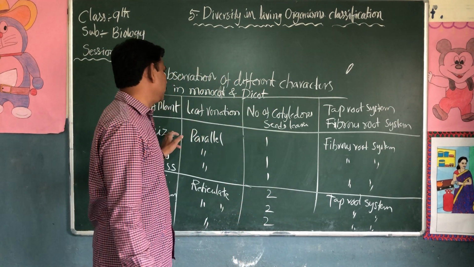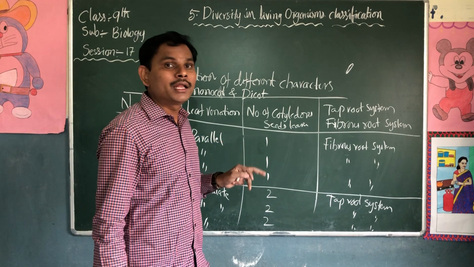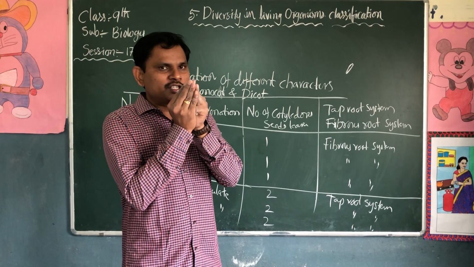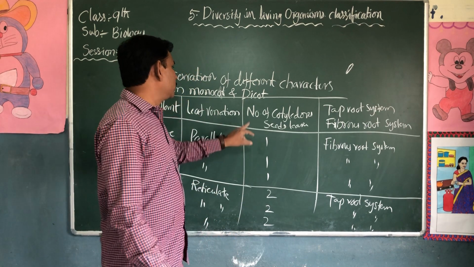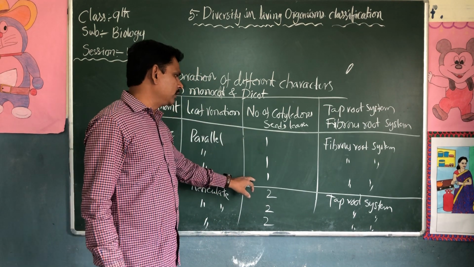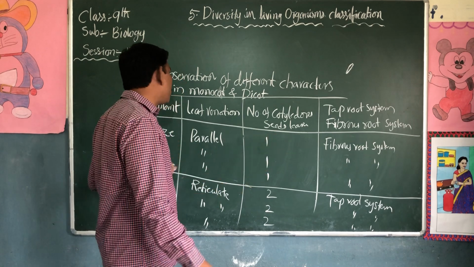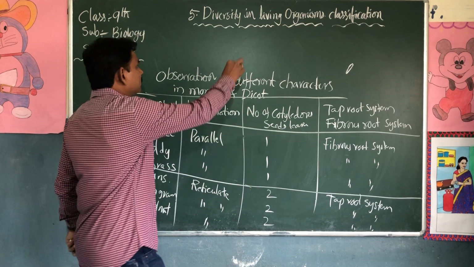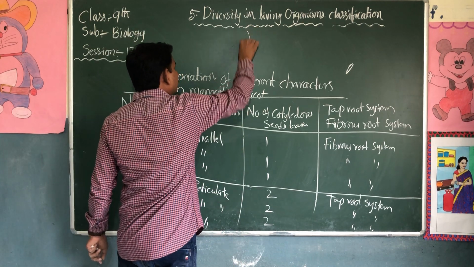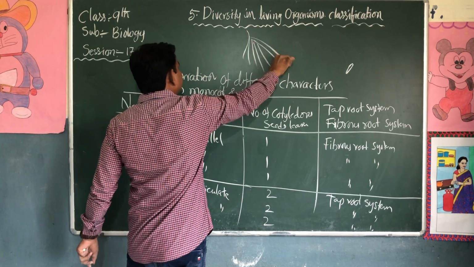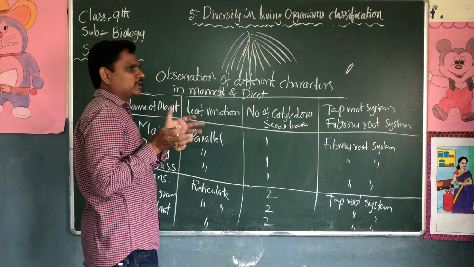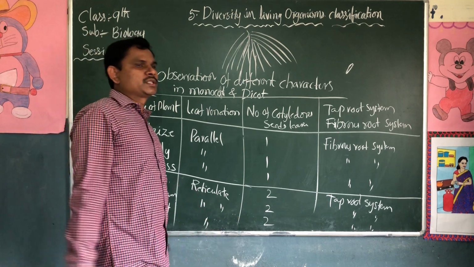They come under monocotyledons. Cotyledon is nothing but a single leaf, a single structure. So the number of cotyledons is 1. Monocotyledons have a fibrous root system, where the roots are fibrous.